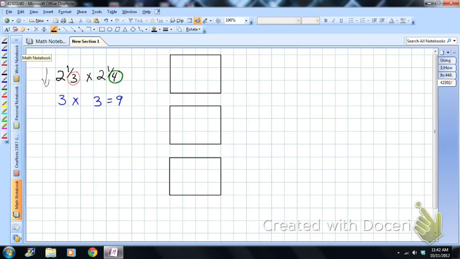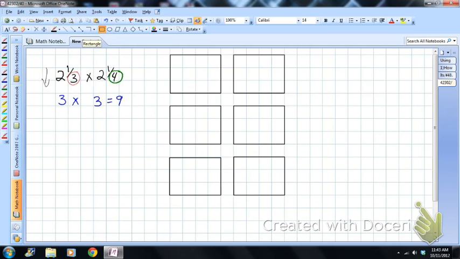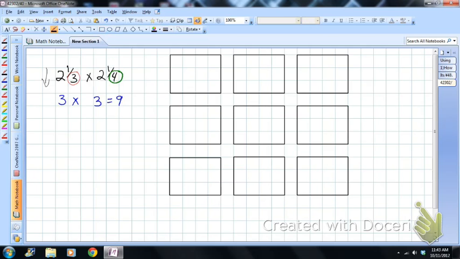Okay, now we're going to go across our page. 3 units down, 4 units across, and so on, until we have 3 columns of 3 rectangles.